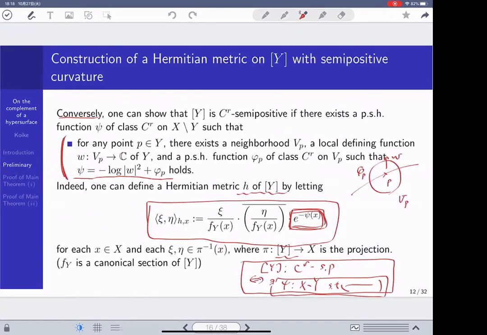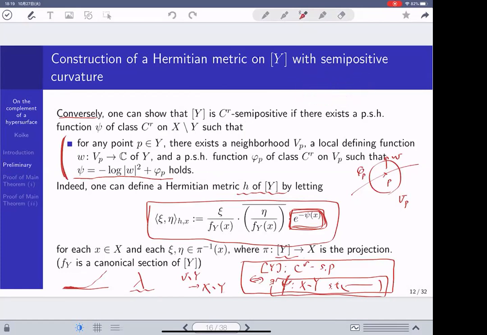And as I explained in the previous slide, by using a technique with lambda, I mean this kind of cutoff function, we can extend the domain of psi from V set minus Y to X set minus Y. That is why C infinity semi-positivity is a local type condition, and why the direction 2 implies Y in conjecture is clear.